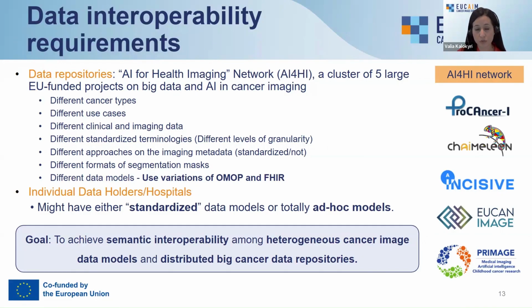So these were 5 large EU-funded projects where the aim was to develop AI models in cancer imaging in order to solve unmet clinical needs. So what we came in the beginning in EUCAIM to address is to make all these big data repositories, that was a major outcome of these 5 projects, interoperable.